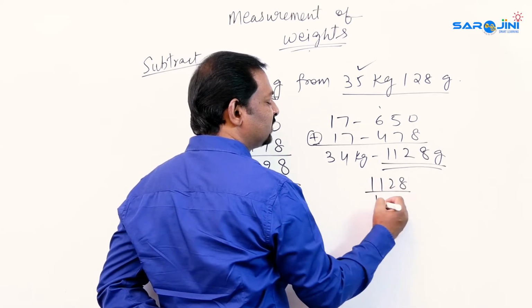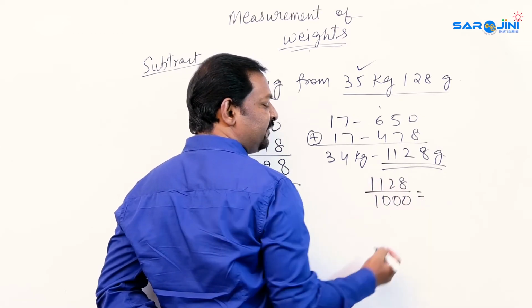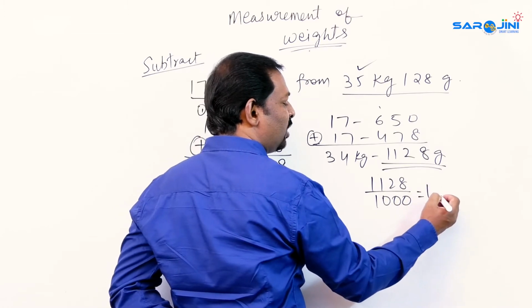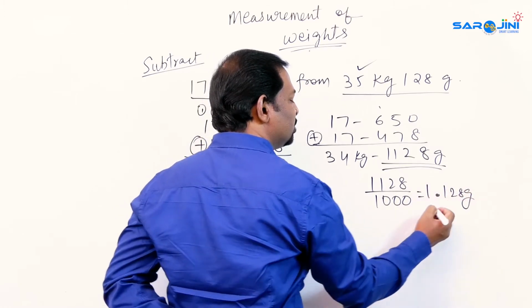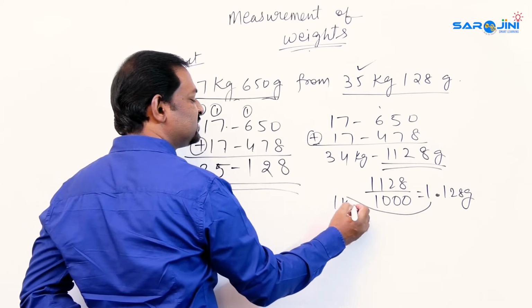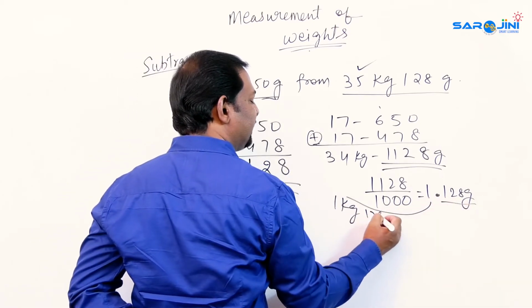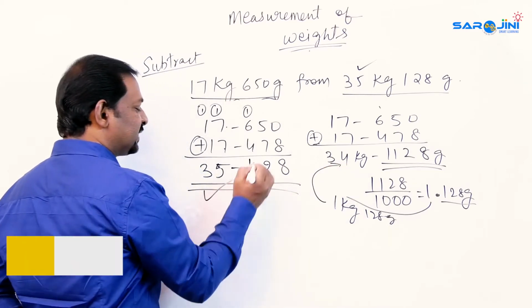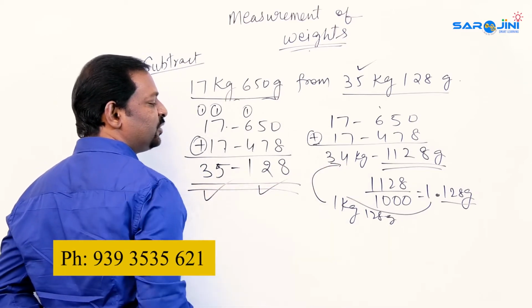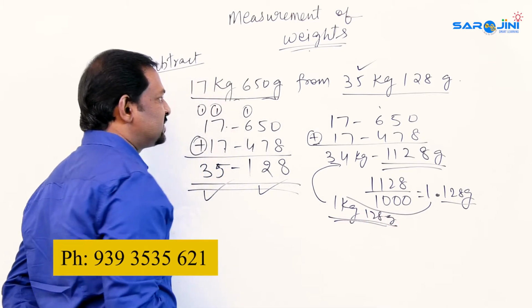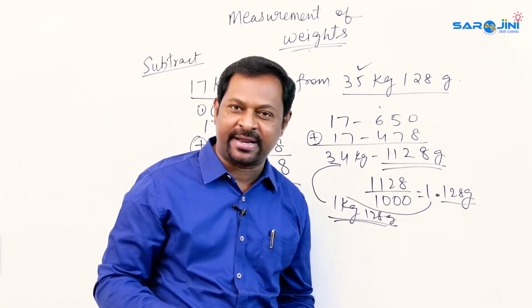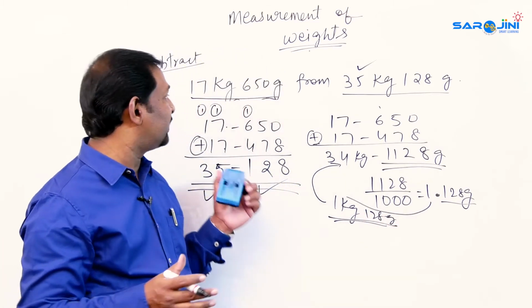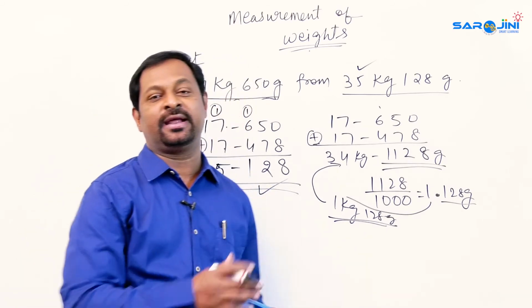So 1128 divided by 1000. Already we did. So this is 1.128. So 1 is nothing but 1 kg and 128 grams. So this 1 kg, if you add to 34, you will get 35 kg 128 grams. So this is the simple way of doing subtraction for kilograms and grams.